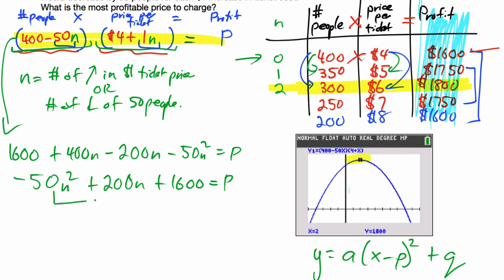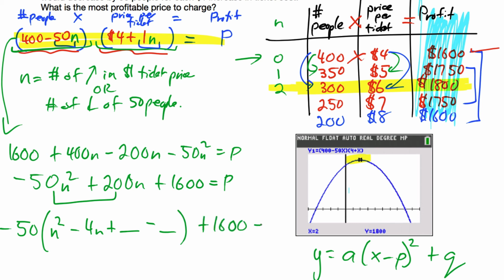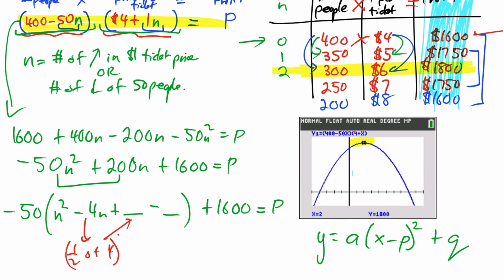And so we know how to complete the square. We focus on the 2 variable terms. We'll factor out our negative 50. And we'll create a space for numbers so that we can create a perfect square. Remember, the number that goes in the blank is half of the 4 squared, which would be 4 and negative 4.